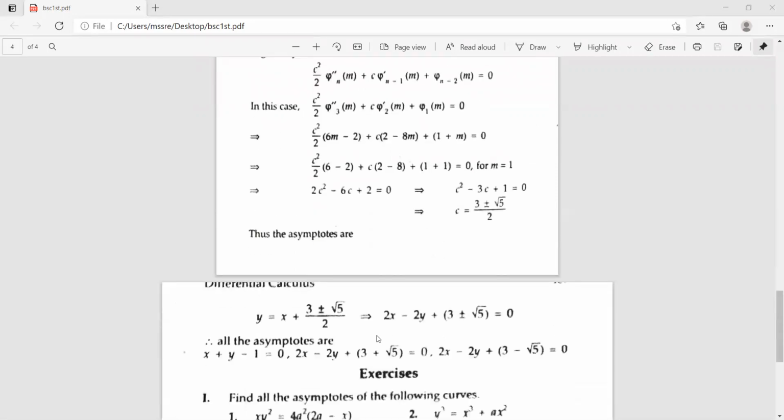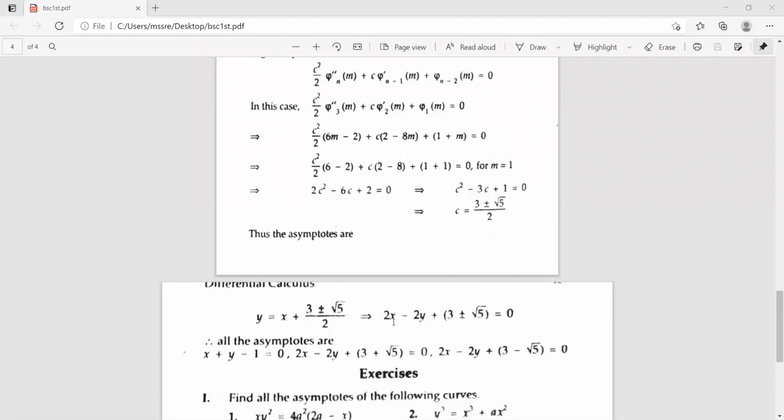Thus the asymptotes are y equals x plus c, with two values of c, remember: 3 plus root 5 by 2 and 3 minus root 5 by 2. The m value is only one, m equals 1. Therefore y equals mx, that is 1x, plus c, with two values, 3 plus or minus root 5 by 2. So totally you have got 3 asymptotes.